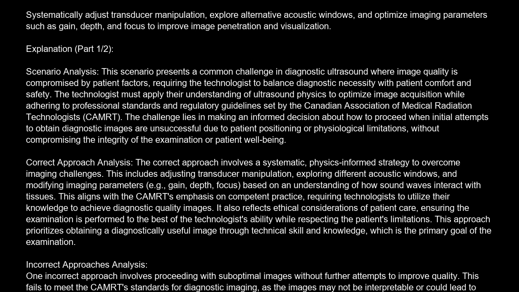This aligns with the CAMRT emphasis on competent practice, requiring technologists to utilize their knowledge to achieve diagnostic quality images. It also reflects ethical considerations of patient care, ensuring the examination is performed to the best of the technologist's ability while respecting the patient's limitations. This approach prioritizes obtaining a diagnostically useful image through technical skill and knowledge, which is the primary goal of the examination.